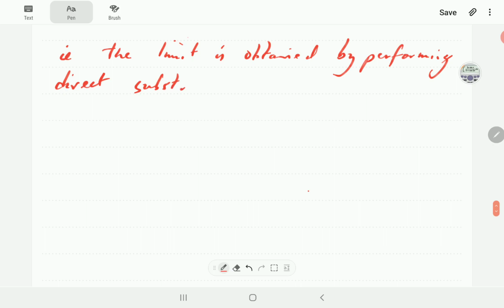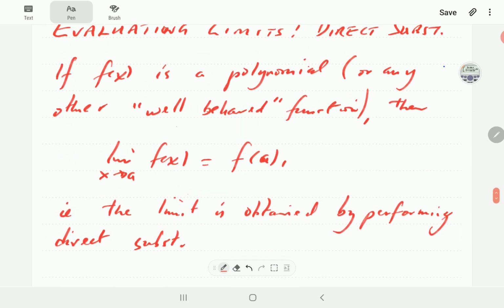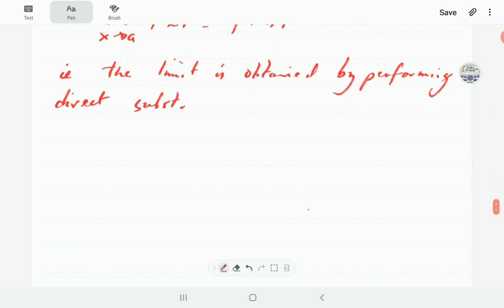What do we mean by functions that are well behaved? Well, we're talking about functions that are continuous and they don't have any gaps or any jumps, or vertical asymptotes, because if a function has a vertical asymptote, then there is going to be a gap between the branch on the left hand side and the branch on the right hand side.